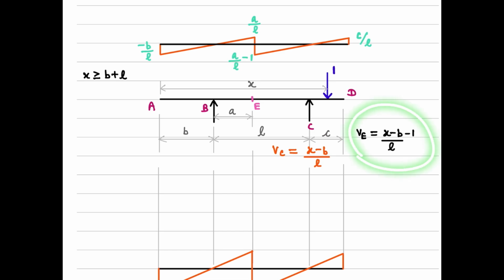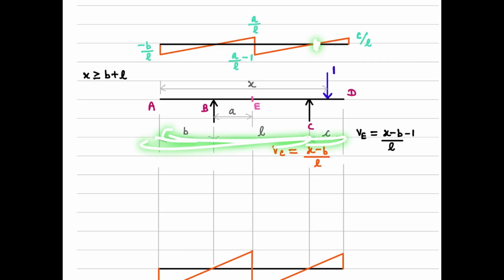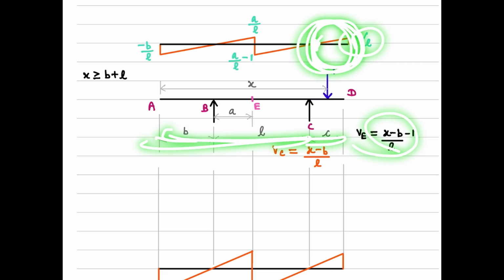Again, you need to plot this. The least value it takes is B plus L, and the extreme value it takes is B plus L plus C. You need to substitute those two values. When you substitute B plus L, you get a value of 0, and when you substitute B plus L plus C in this expression, you get a value of C by L. That's how we complete the diagram for this span.